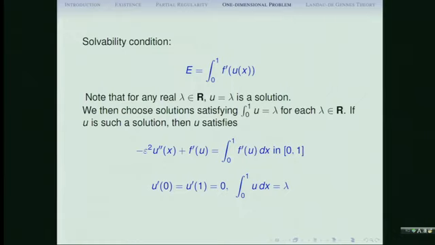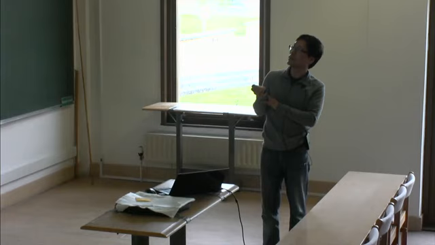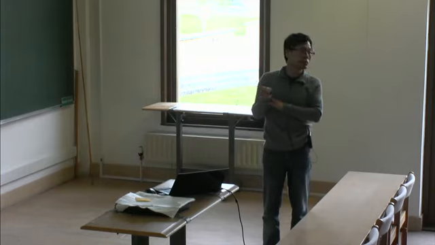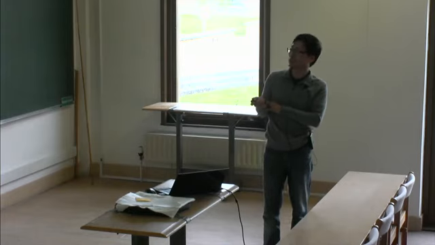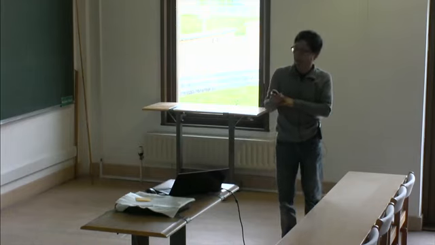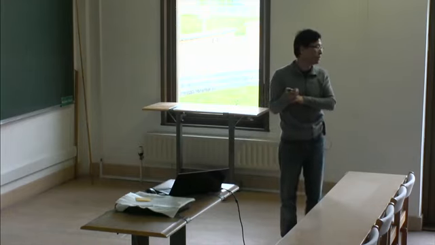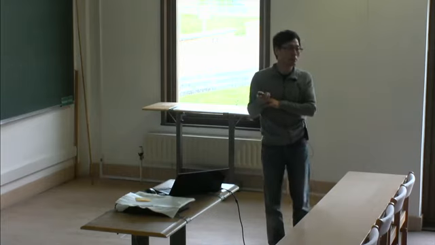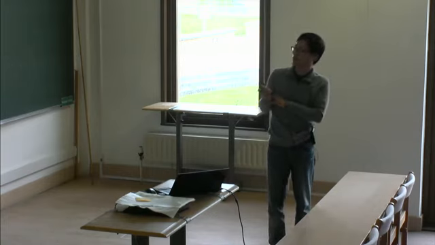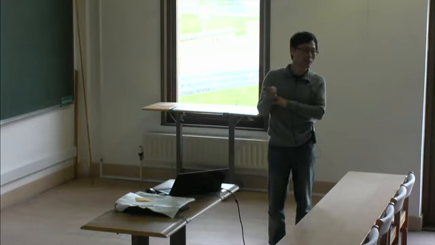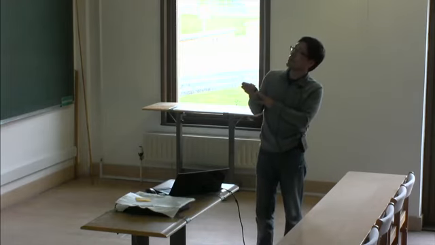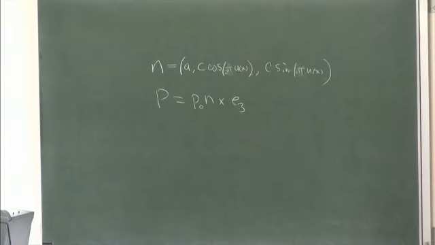For any real number alpha, u equals alpha is a solution of the original equations. I was interested in bifurcation at that time, so I can use lambda as a bifurcation parameter.